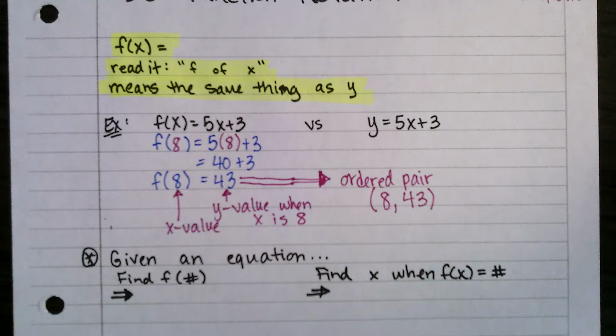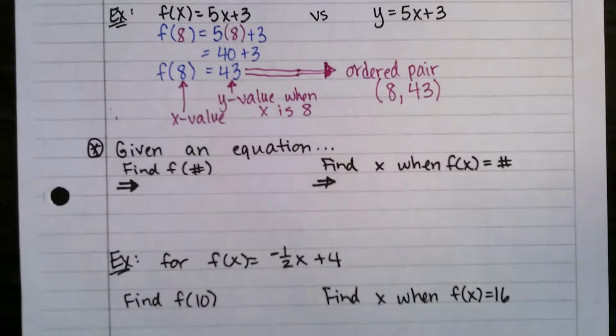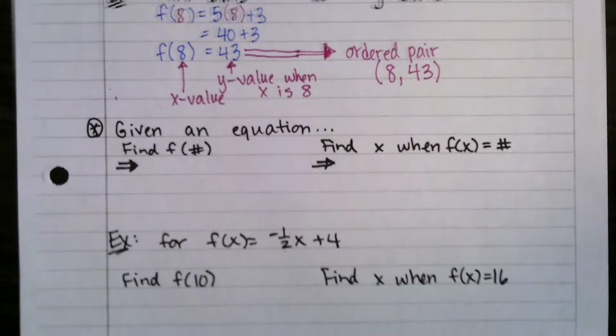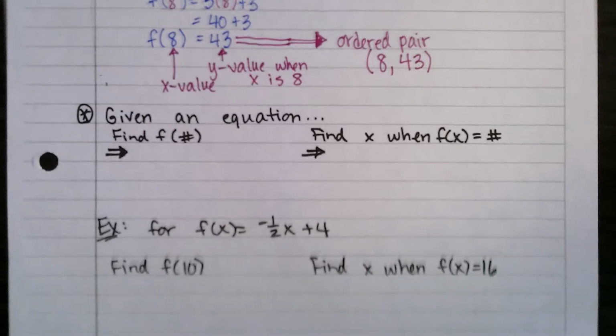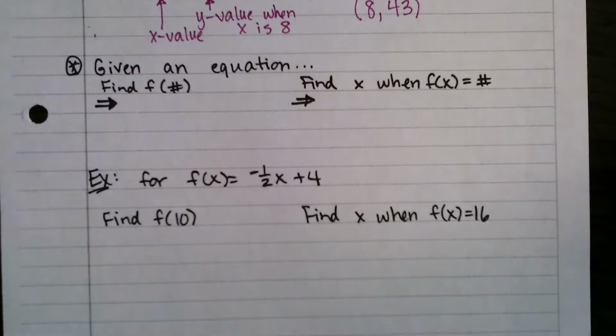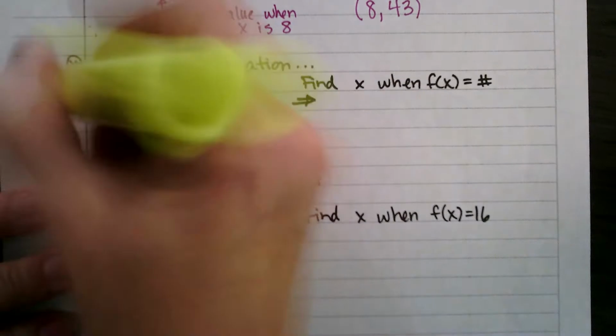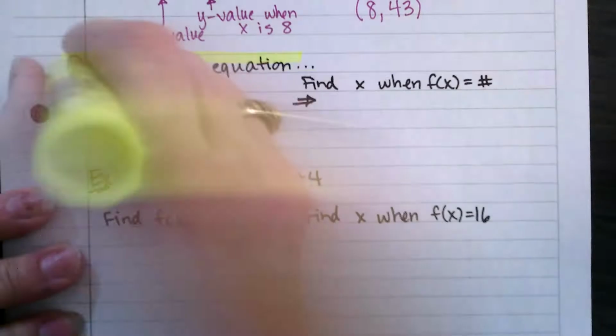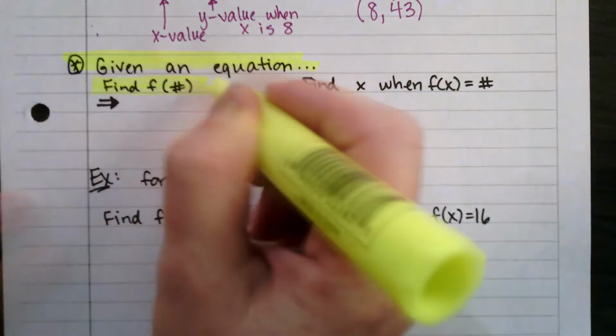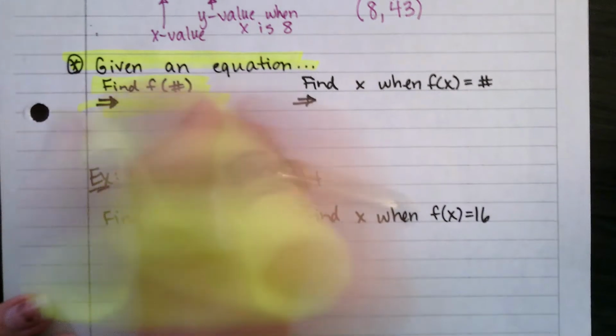So this function notation is just kind of shorthand that allows us to give a little bit more information as we're going. We're going to have a couple of different types of problems that I'm going to ask you to do. Given an equation, there could be a couple of different instructions. One, I could ask you to find f of a number.